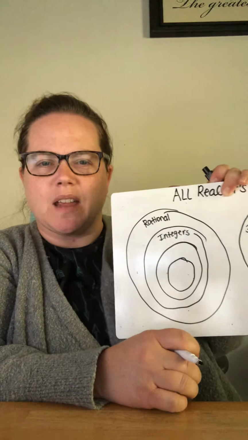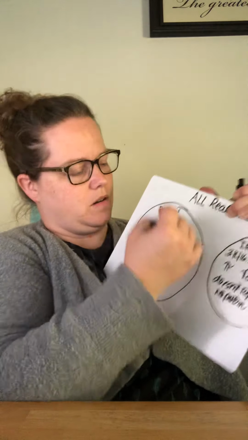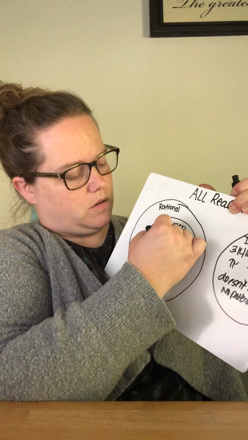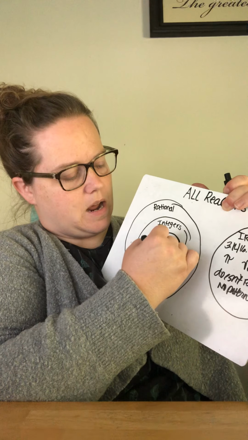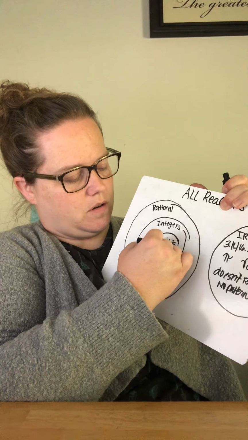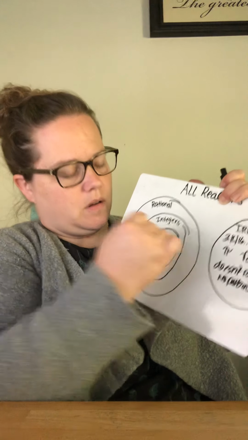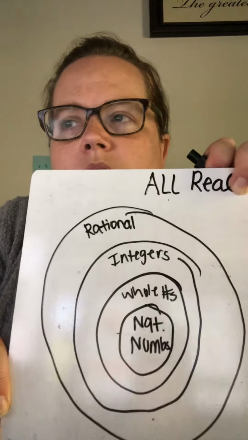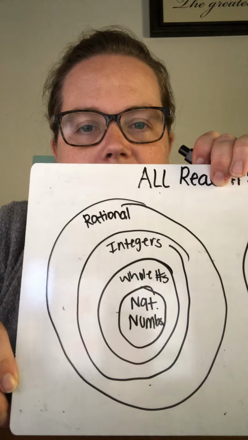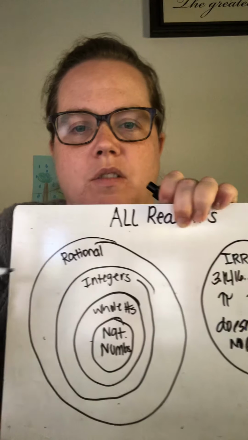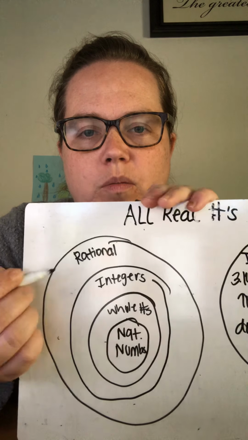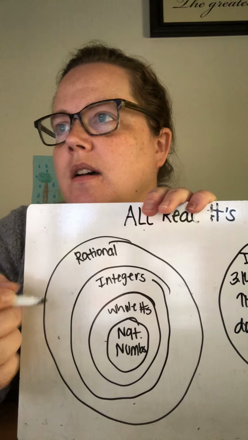I kept thinking counting numbers, but I wanted to use the right word. So we've got whole numbers, and then natural, that's what I couldn't think of, natural numbers. Okay. So that's what we've got, all right? Rational, and then irrational, and then rational breaks down into various ones.